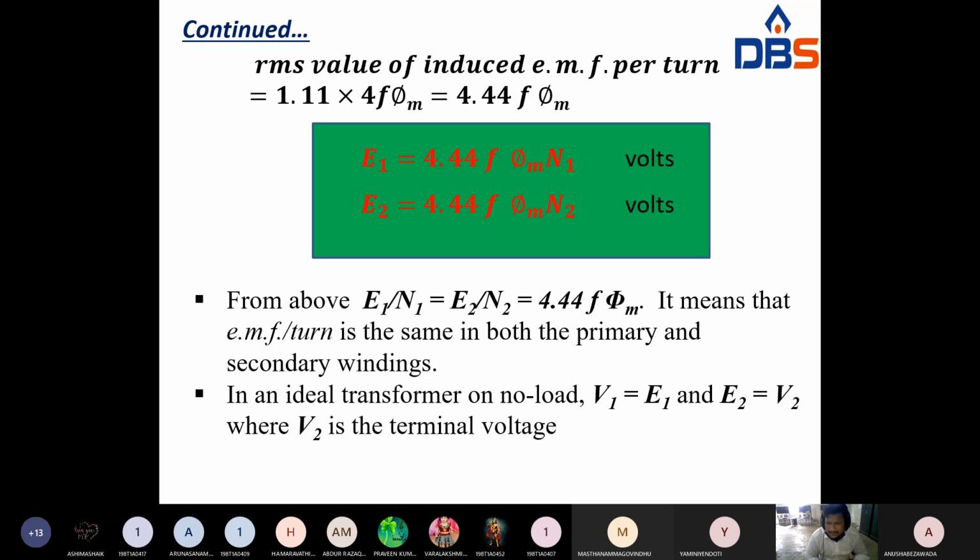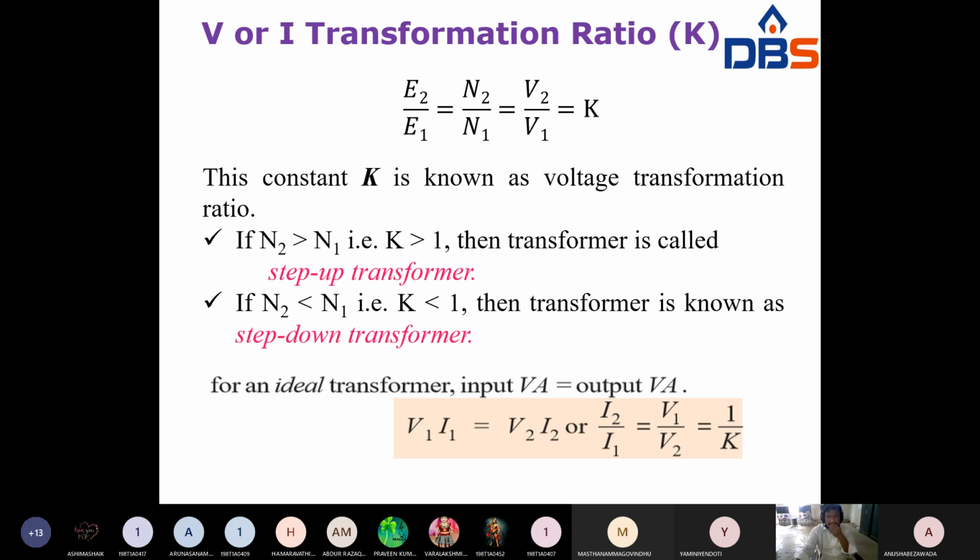For an ideal transformer, there is no leakage, there are no losses. E1 is equal to V1, E2 is equal to V2, right? That is the ideal transformer relation. So E2 by E1 is equal to N2 by N1 is equal to V2 by V1, or I1 by I2 is equal to K. This is the transformation ratio K. Very, very important.